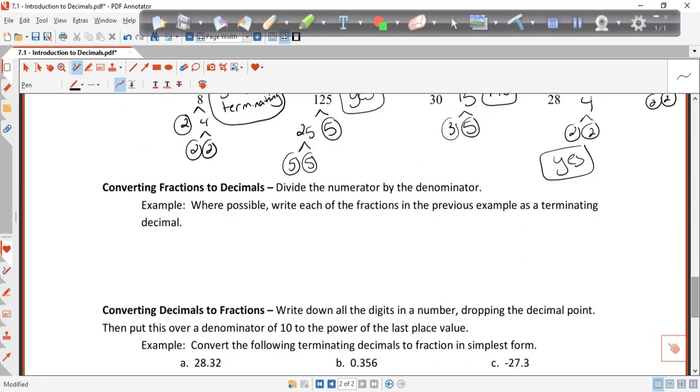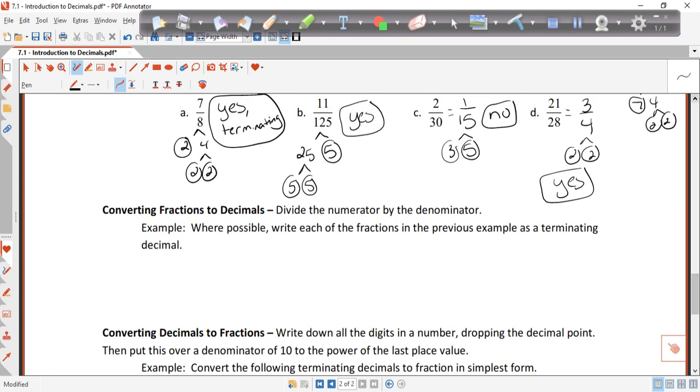Converting from fractions to decimals. To convert from a fraction to a decimal, all we do is divide the numerator by the denominator. So where possible, we're going to write each fraction in the previous example as a terminating decimal. So in your calculator, you write 7 divided by 8, and you'll come up with 0.875. On these, I would only be looking for the answer.